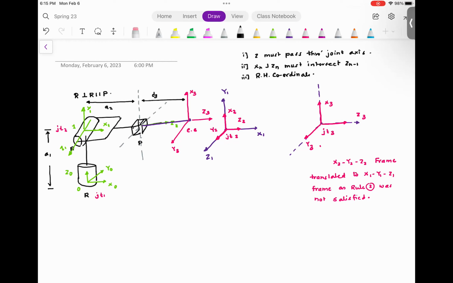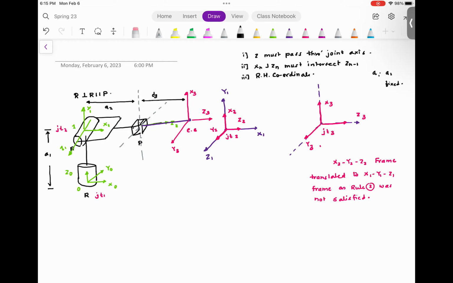Typically A1, A2, A3 are the fixed distances, and these are the moving ones. So basically D changes. D stands for displacement.